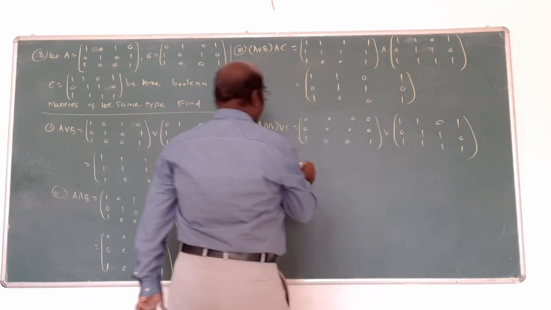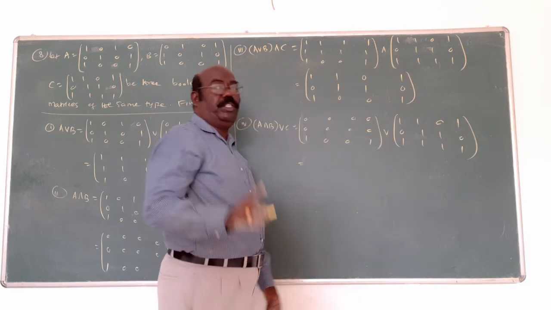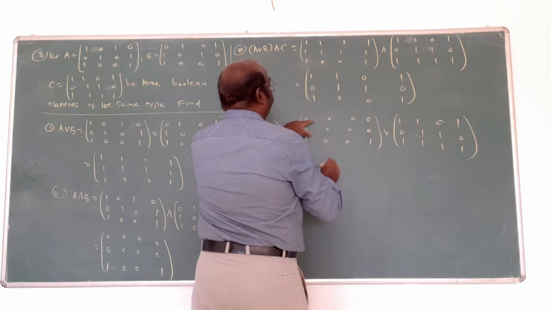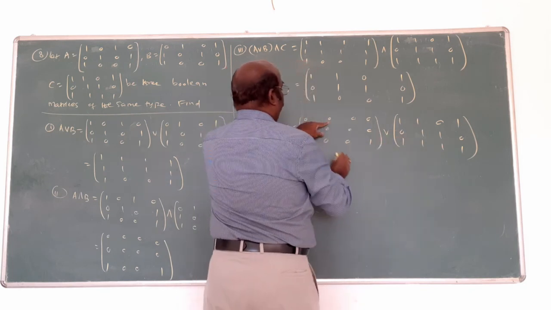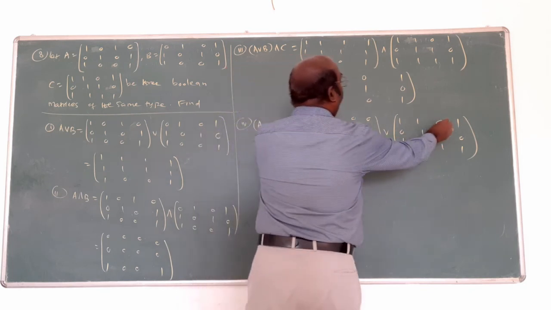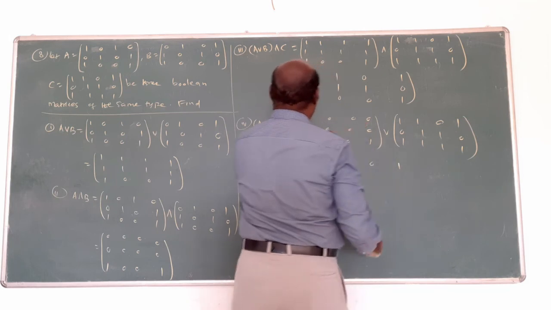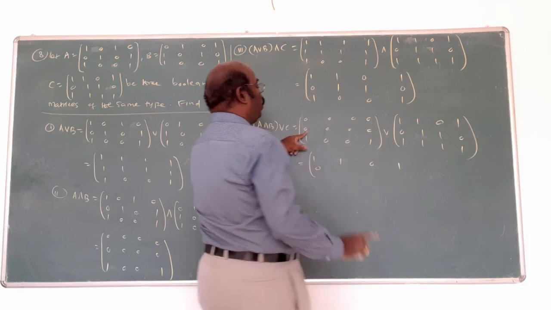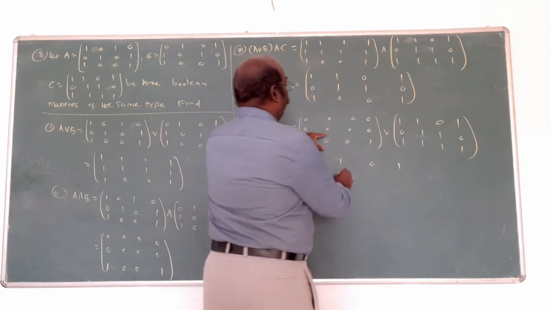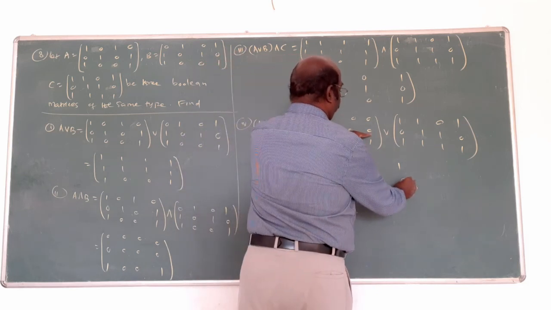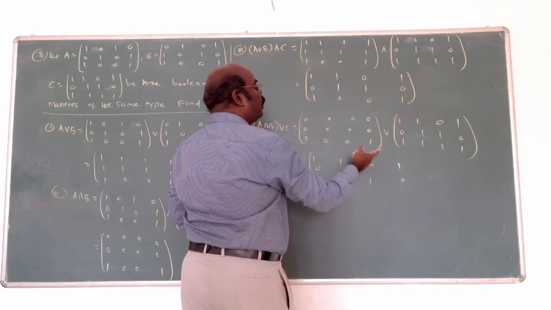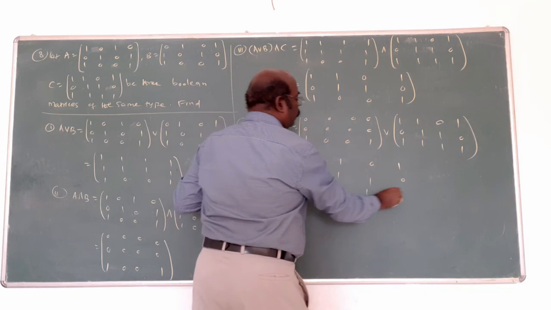Am I right? This symbol means both will be 0 means 0. If 0, not 0, plus 1, 1. Yes, here 1, 0. Both 0 means 0. Here 1. Both 0 means 0. Remaining will be 1. Both 0, 0. Both 0s is 0, otherwise 1.